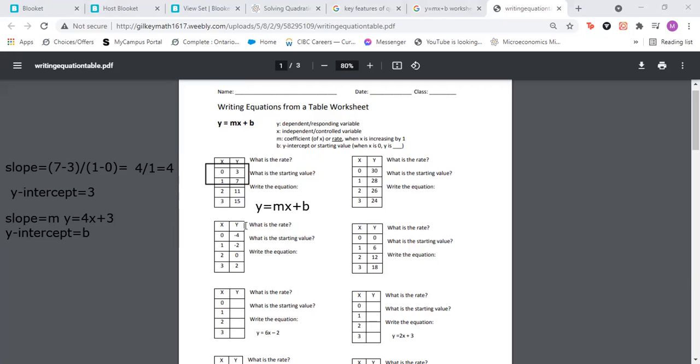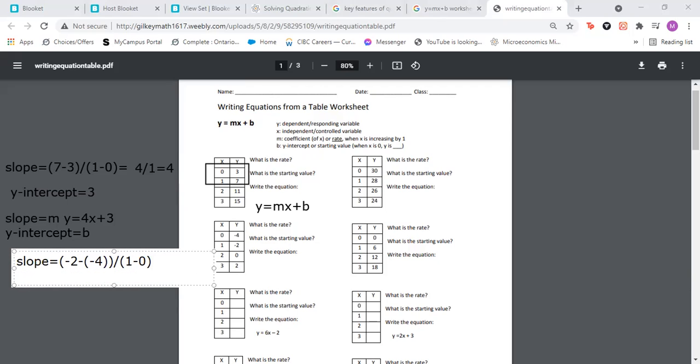Okay. And then for the second one, how would you get the slope? Okay, so it would be -2 minus -4, then 1 minus 0. Yeah, that's correct. And then what would that be? -6 divided by 1, right?